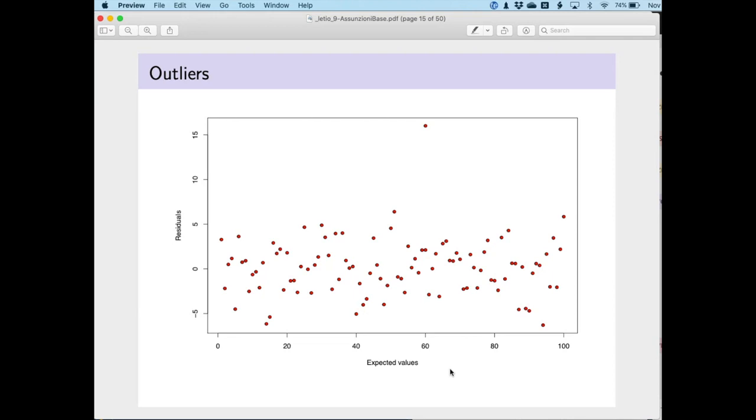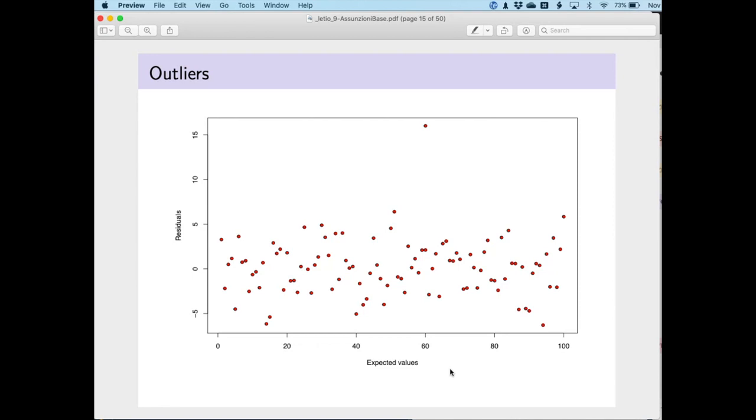What happened to that observation? That would be called an outlier. So something which is lying out from the group. Why is it lying out? That's a question. Was there any error on that point?